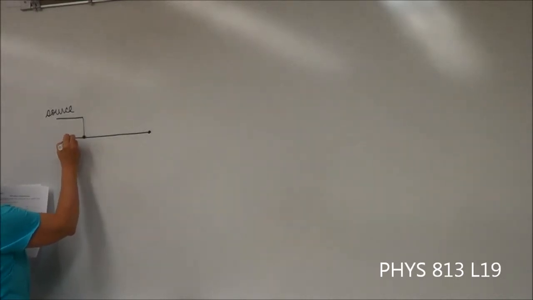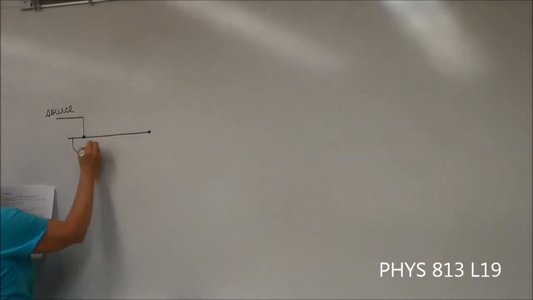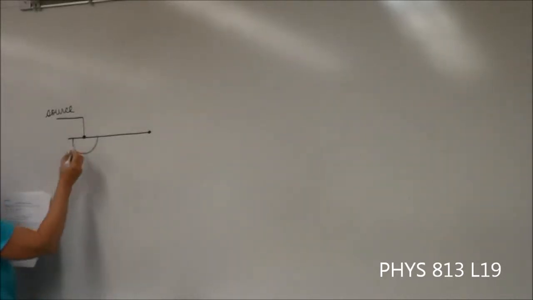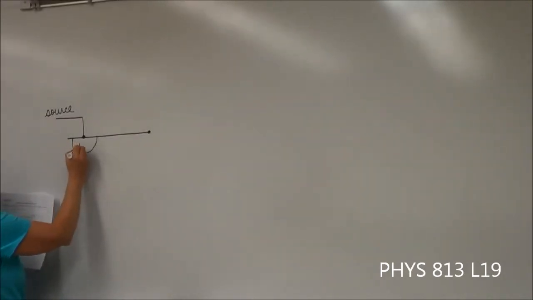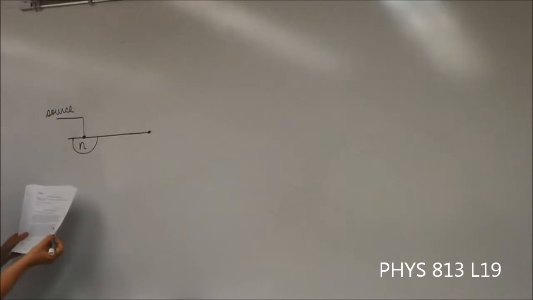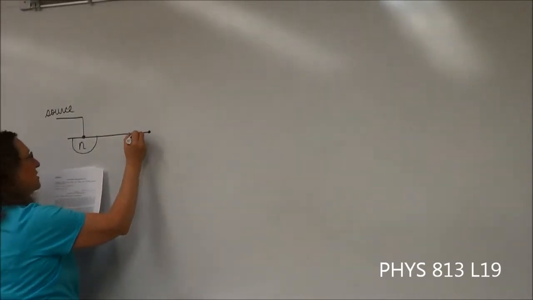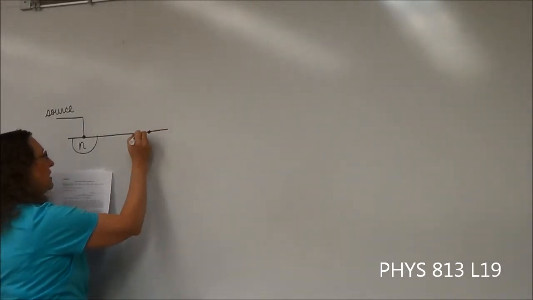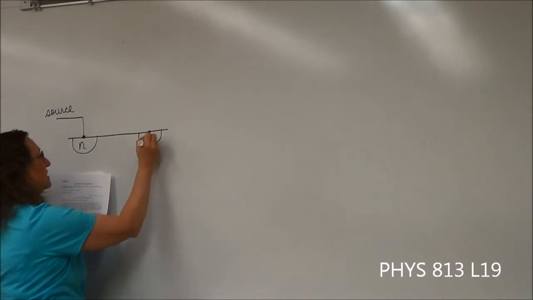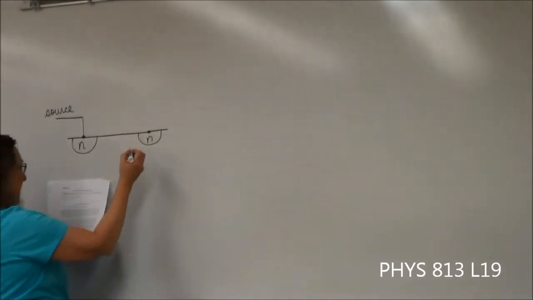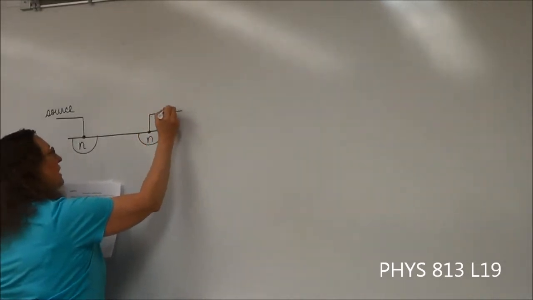On this one, we have what's called a source and a drain and a gate. So there's a region of material where the source wire is connected, and this is N-type. And then we have a space over here, and then we have another region, and this is also N-type, and this is called the drain.